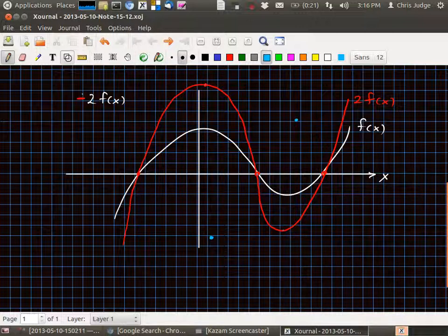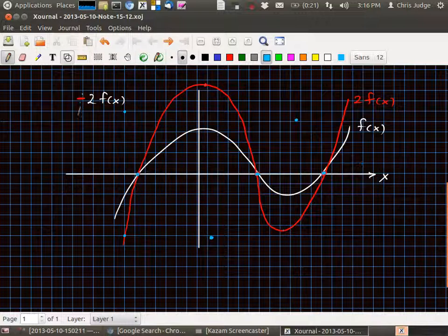What happens to the 0 value? Well, if I put a -0, it's still 0. So these are the same. If I took this value, the negative of that is up here. So everything gets flipped across the x-axis.